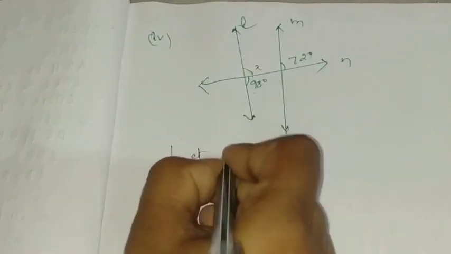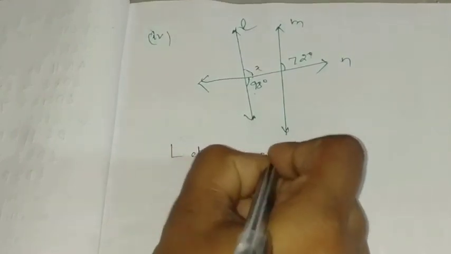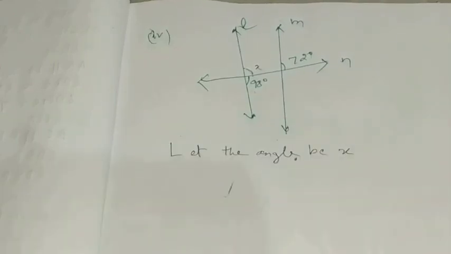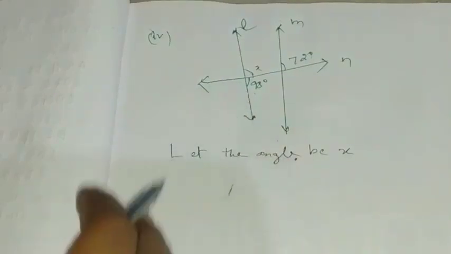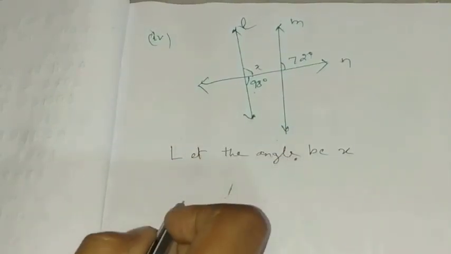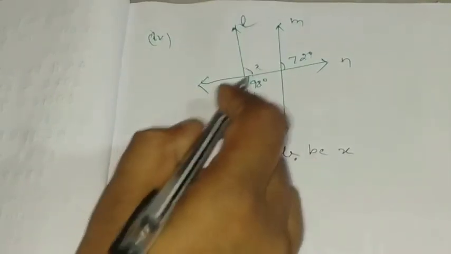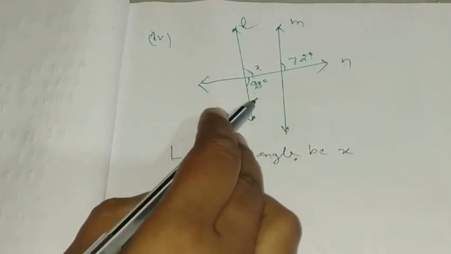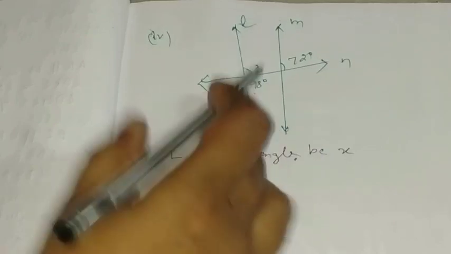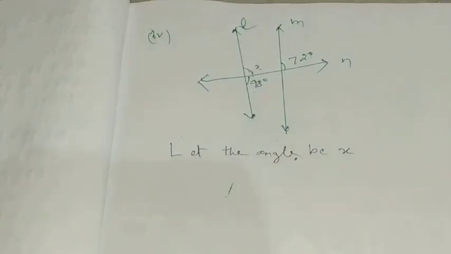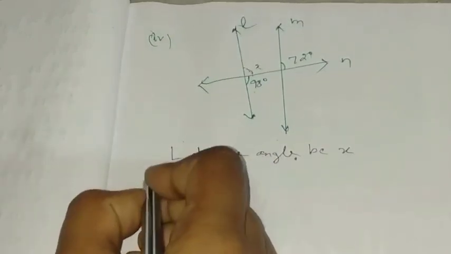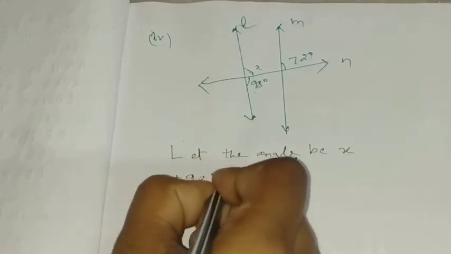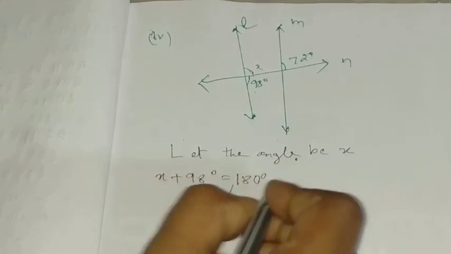So this is x and what will we find? This x and 98 degrees are a linear pair. So the sum of a linear pair equals 180 degrees. So you can write x plus 98 degrees equals 180 degrees.